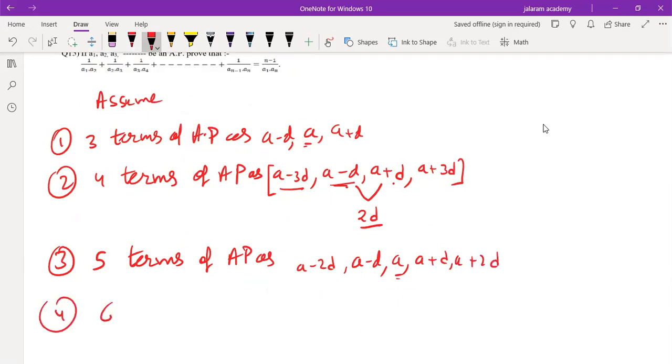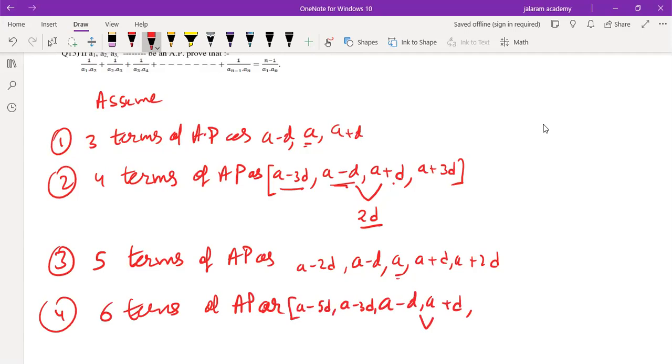If we have to find 6 terms of AP, again an even number of terms, the 2 middlemost are A minus D, A plus D, and common difference is again 2D. So if we subtract 2D from A minus D, it is A minus 3D. 2D again from A minus 3D, it is A minus 5D.